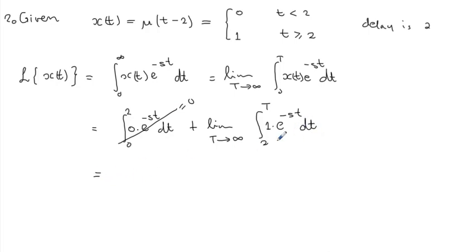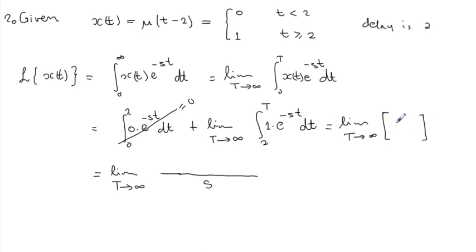And then when we integrate there, you remain with the limit as t goes to infinity of minus e to the power minus st all over s, evaluated from 2 to t.